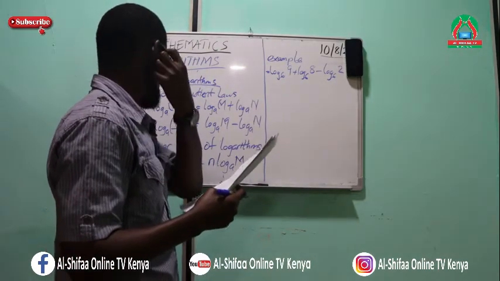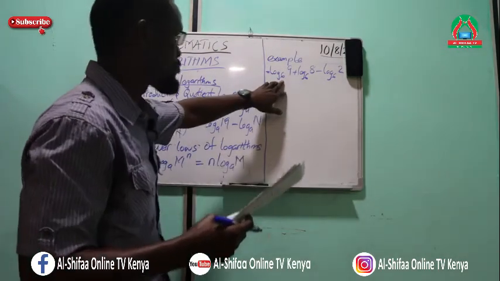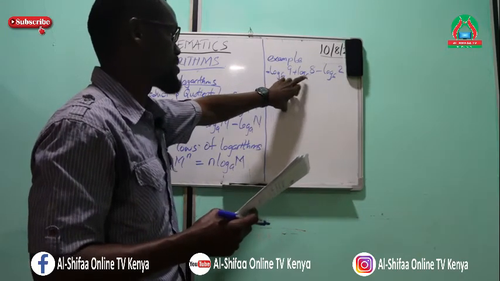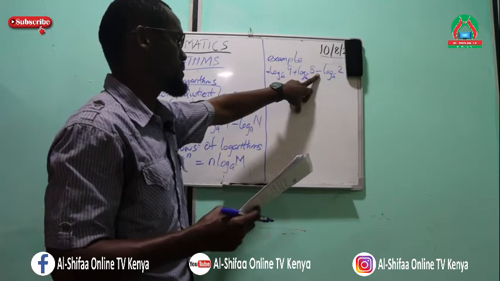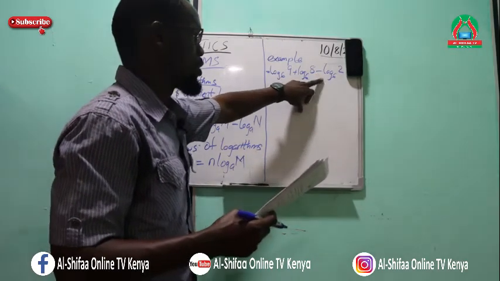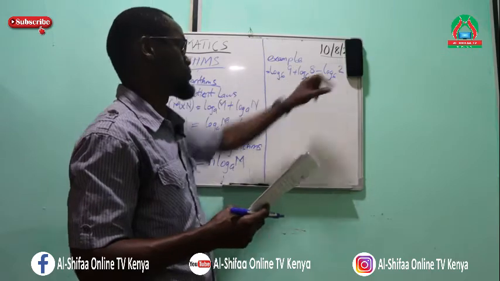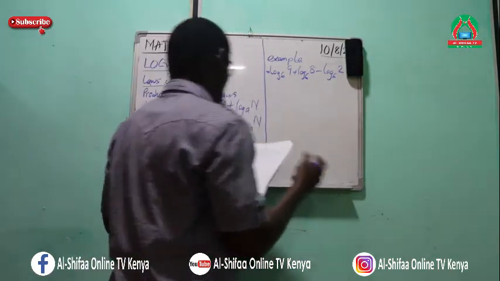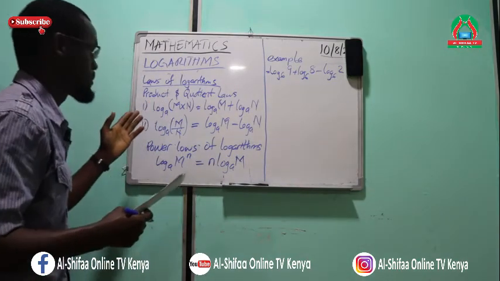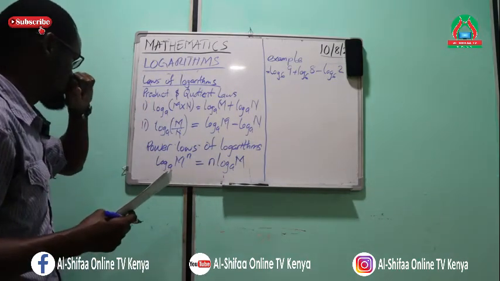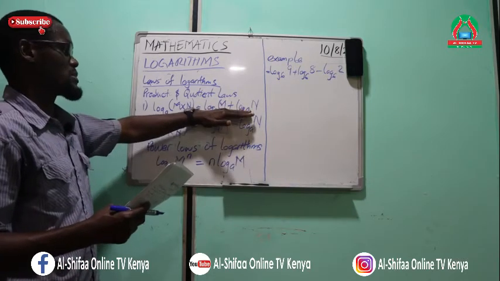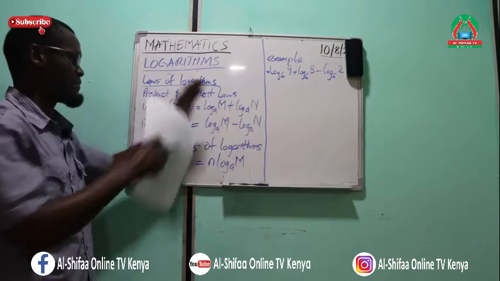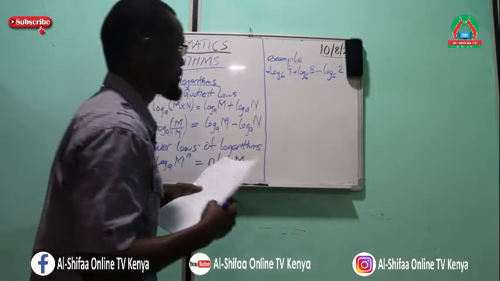So in our question here we have log to the base 6 of 9 added to log base 6 of 8, subtract from them log to the base 6 of 2. So we go back to the laws of logarithm, whereby when the logs add, it means the values multiply.